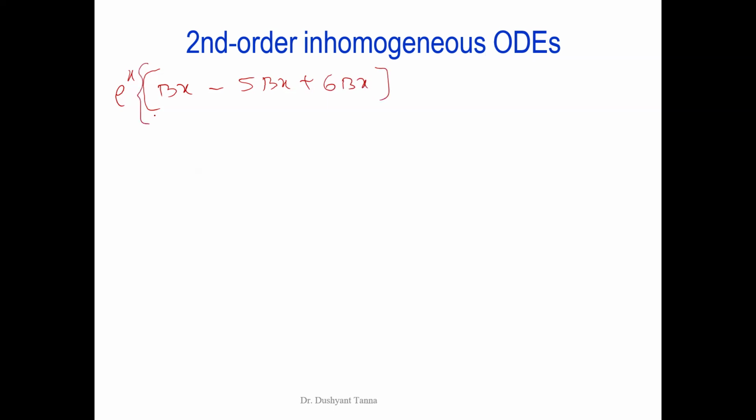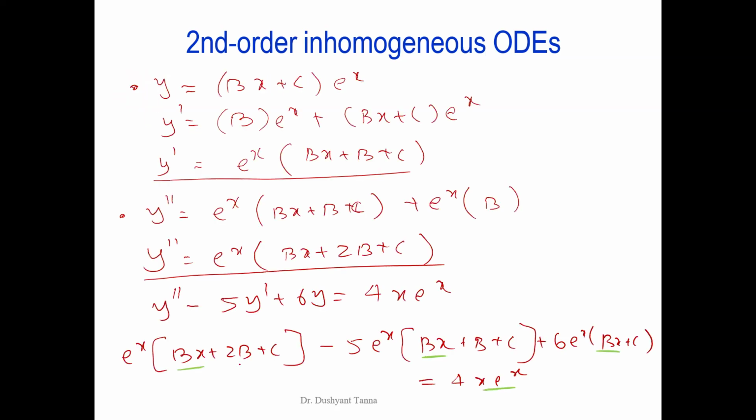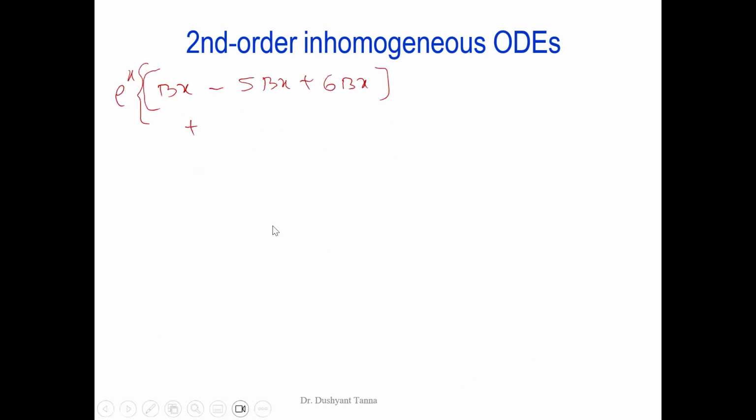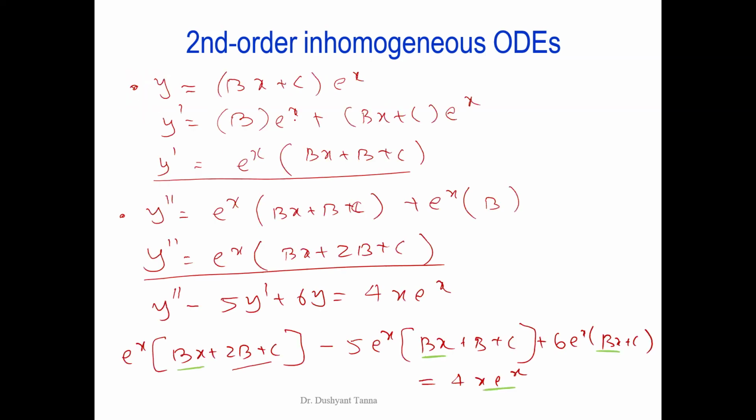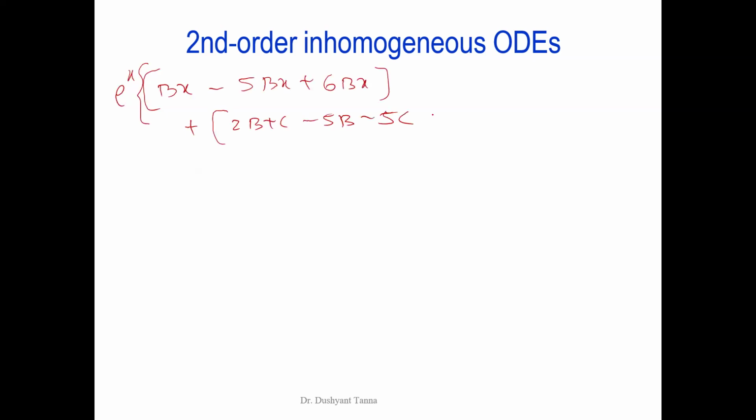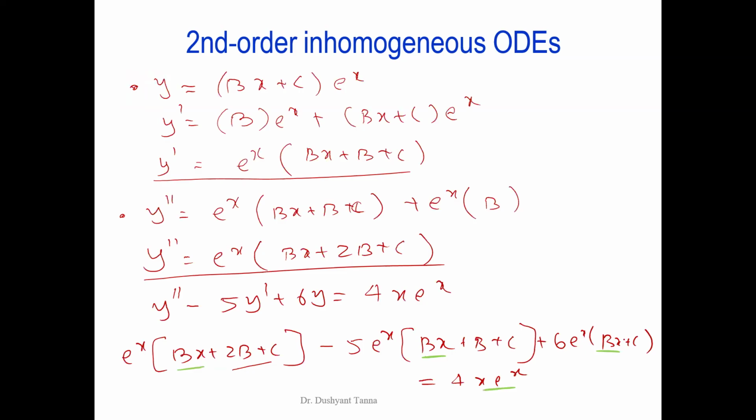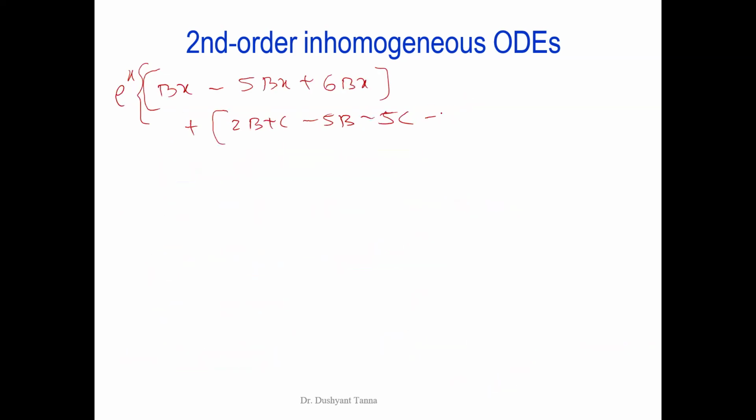That's all the x terms. Without the x terms, you got 2B plus C here. Then you got 5 times B plus C with negative, so that will be negative 5B, negative 5C. And you got 6C here, plus 6C, is equal to 4x e power x.